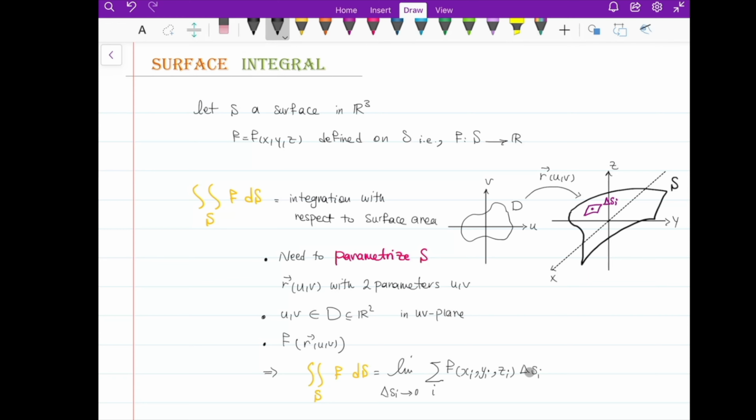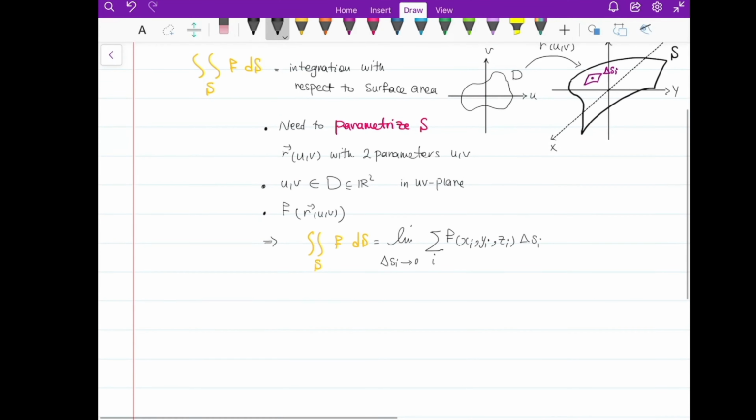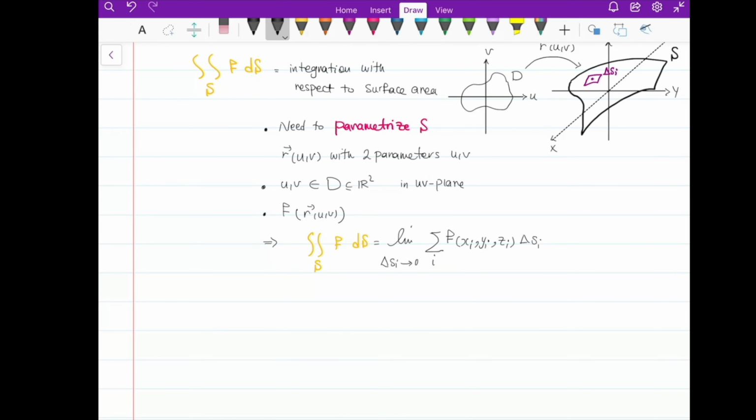But what is delta Si? Okay, delta Si, I need to be a little careful for that. So I'm going to zoom in on this little part of the surface area. I'm going to zoom in and graph it like this. Okay, so this is delta Si. At this point we have r of u and v, and then I'm going to move to this point.